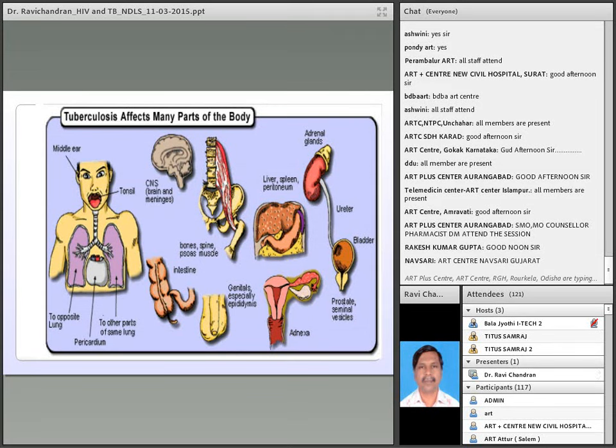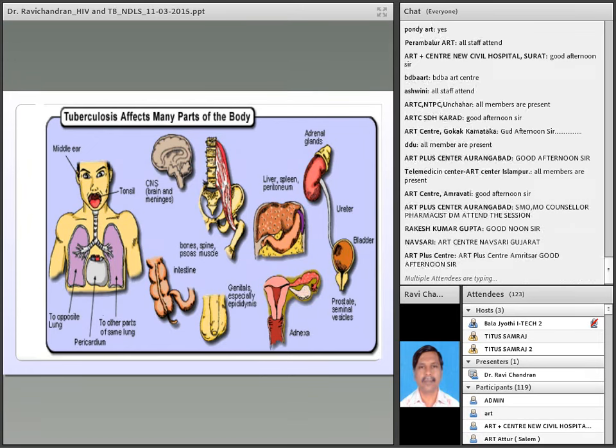CNS involvement, brain and the meninges may be involved, and the iliopsoas abscess, bone tuberculosis, adrenal gland, the ureter and the bladder, and the liver, spleen, and the peritoneum.